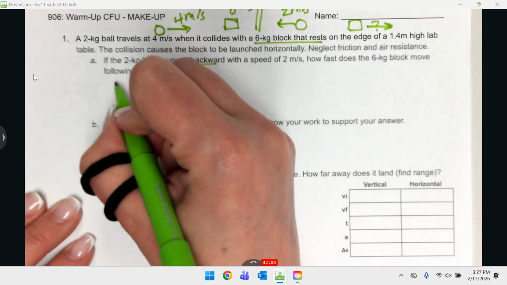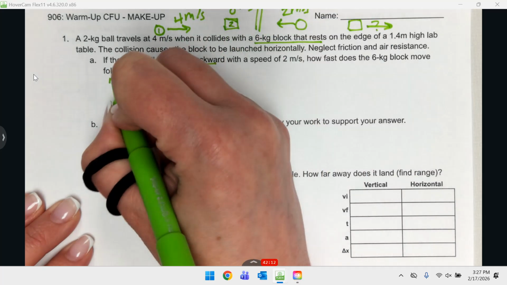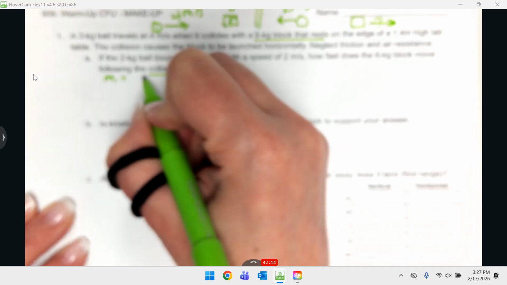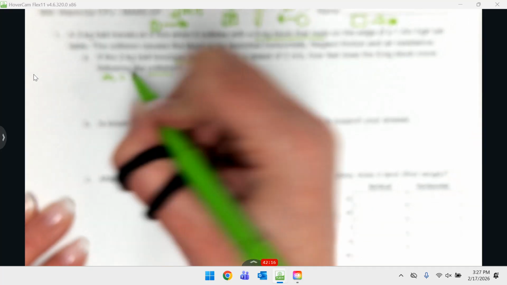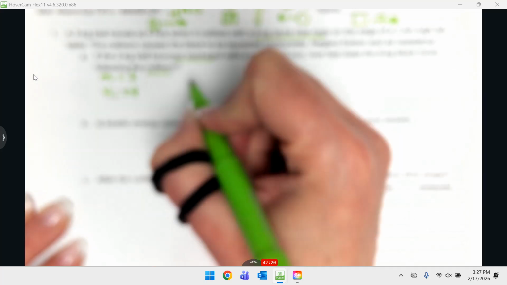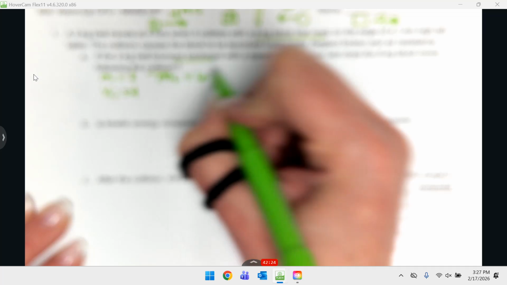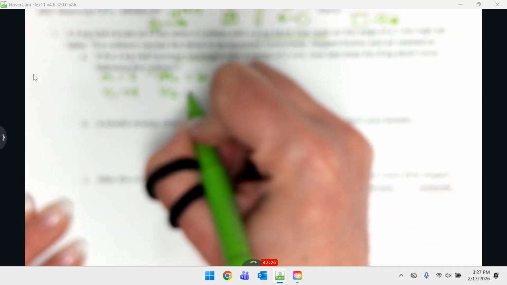We're going to want to label everything. So we're going to call the ball 1 and the block 2. M1 is going to be the mass of the ball, which it says is 2 kilograms. V1 initial is 4. M2 is the block. It has a mass of 6. V2 initial is 0. It's initially at rest.